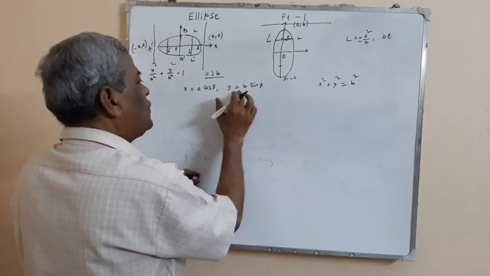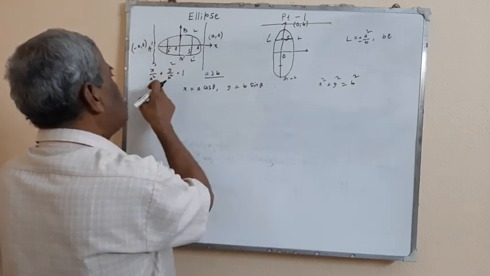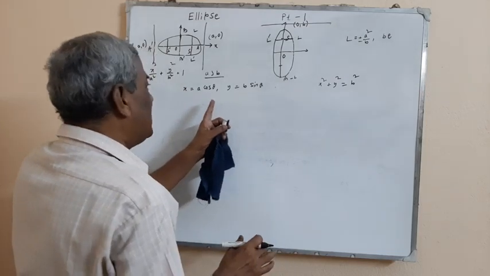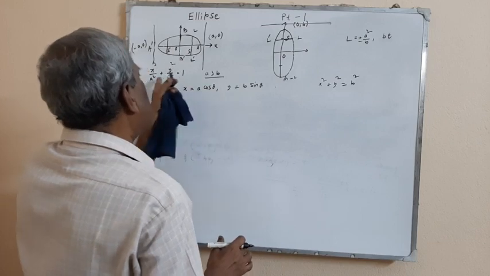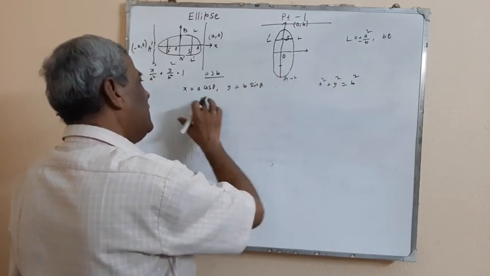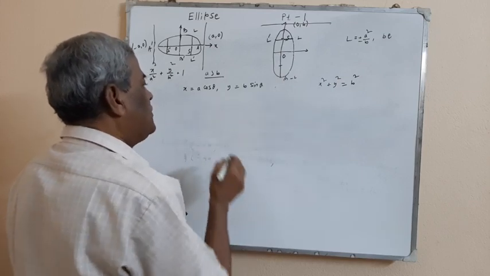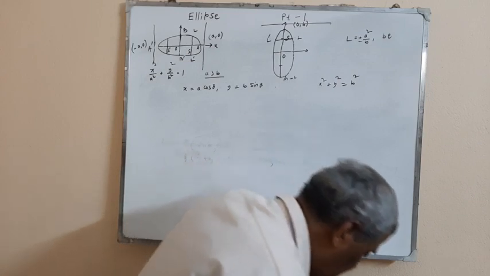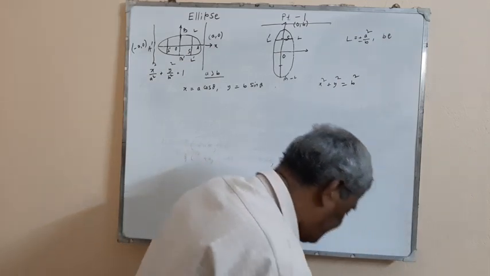That's why this is called the parametric representation of the ellipse. For this case also, the same parametric representation is x is equal to a cos theta and y is equal to b sin theta.